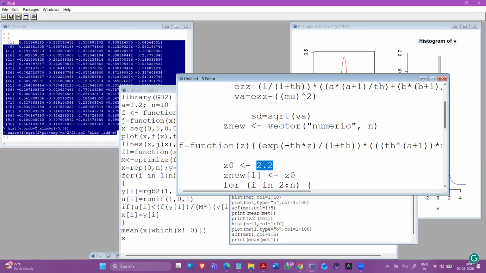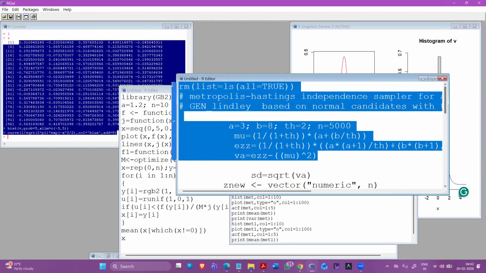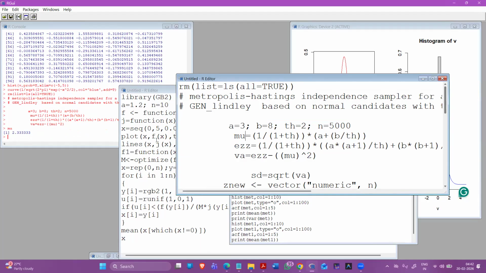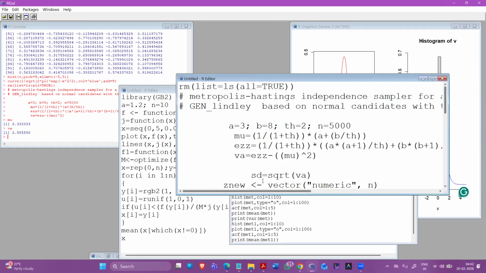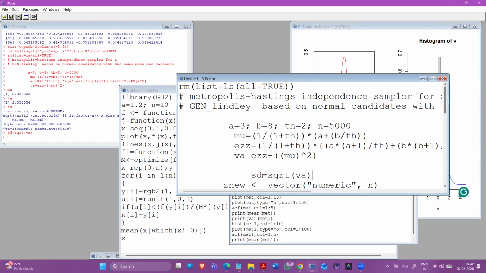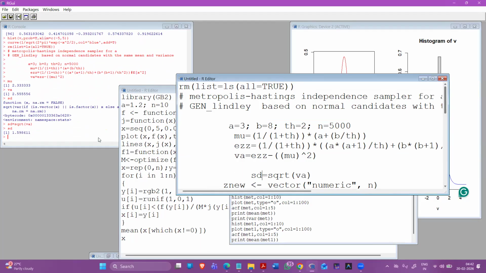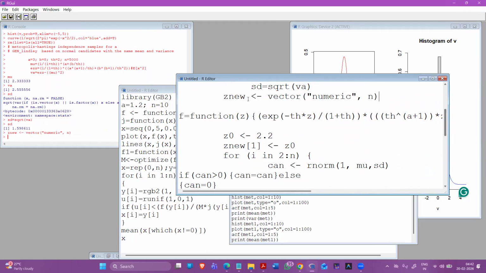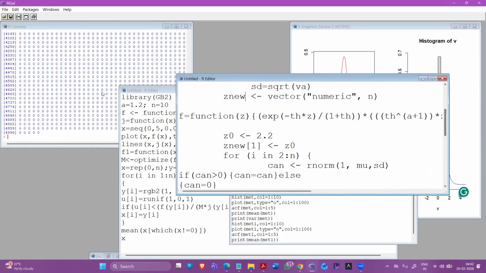See, for the given values of the parameter, I have mean 2.33, I have variance 2.55, I have the standard deviation that is 1.59, right? Now I'm using Z new. Z new is my null vector here with 5000 zeros.